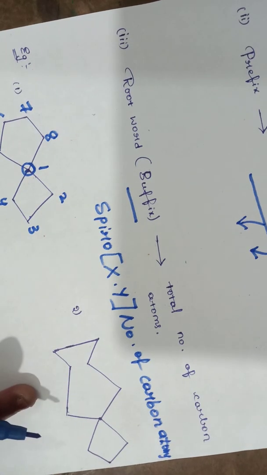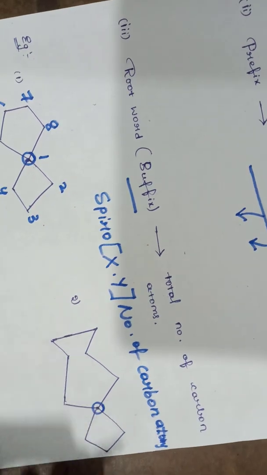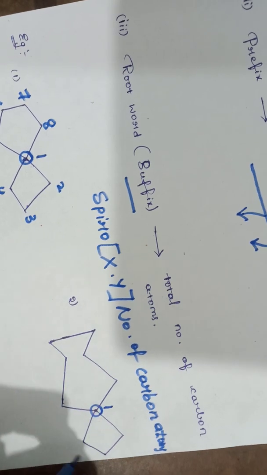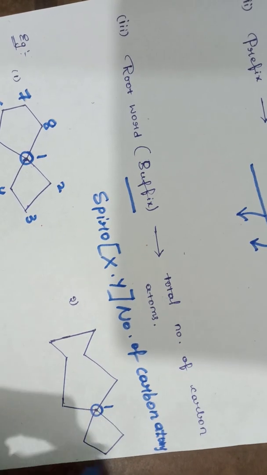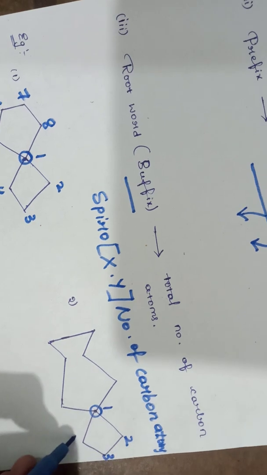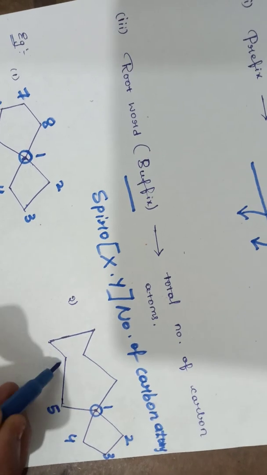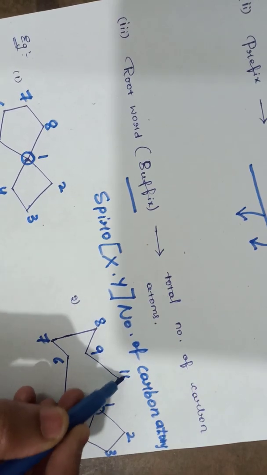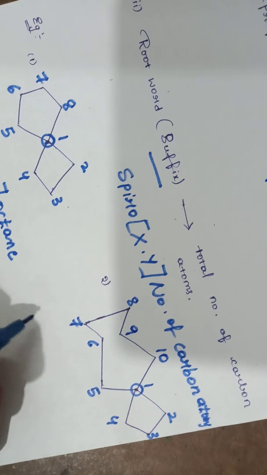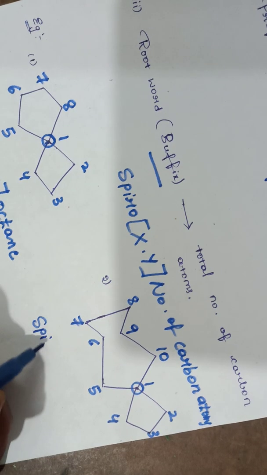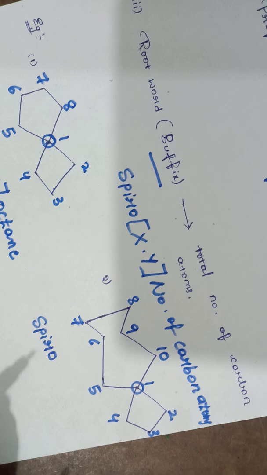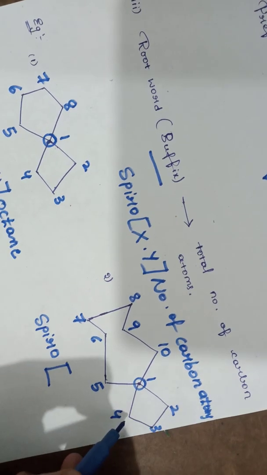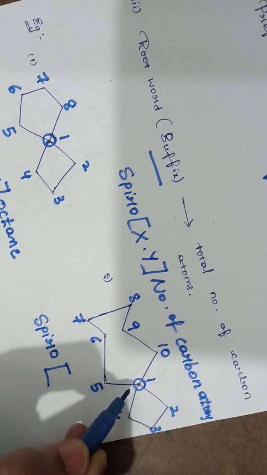Okay, now I have taken another example. See, this is the bridgehead position. We have already known that in case of spiro compounds, the preference has to be given to the shortest string. So the numbering starts from here. 2, 3, 4, 5, 6, 7, 8, 9 and 10. Come, spiro. Say X is the number of carbons other than the bridgehead carbon in the shortest string.